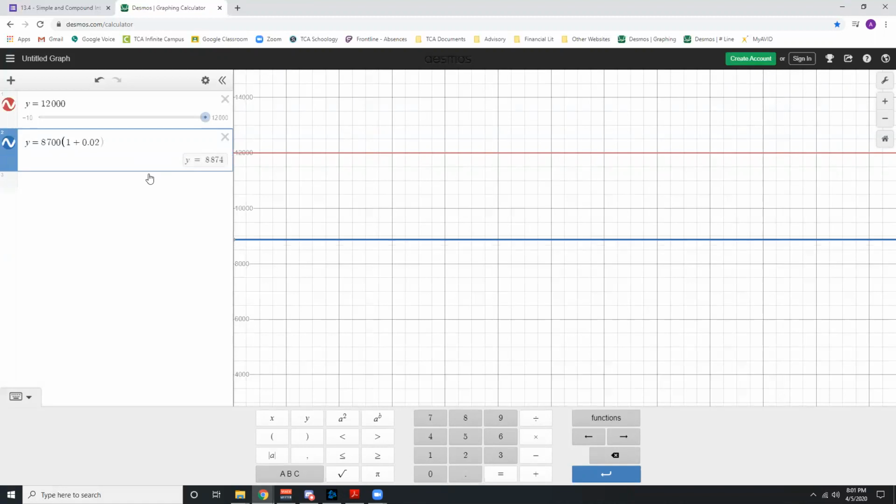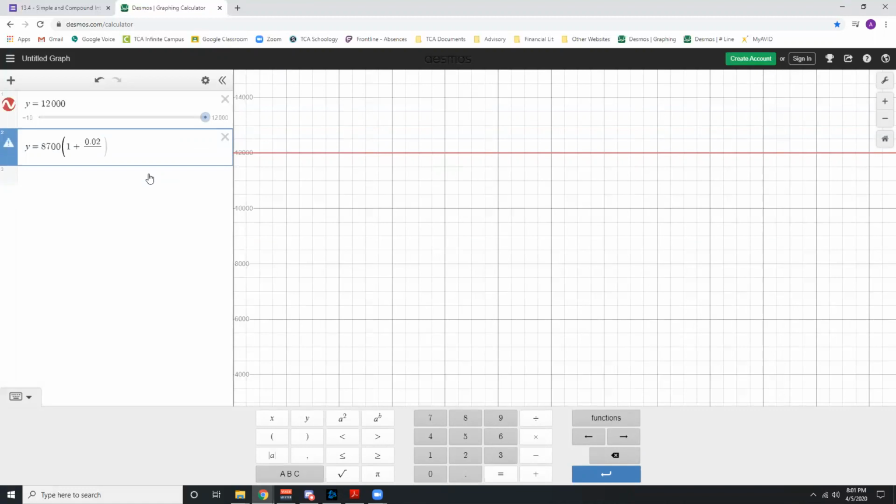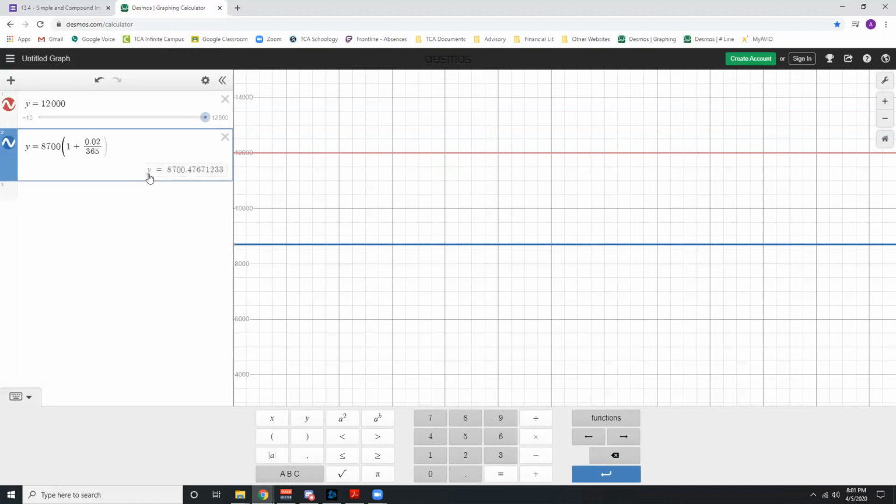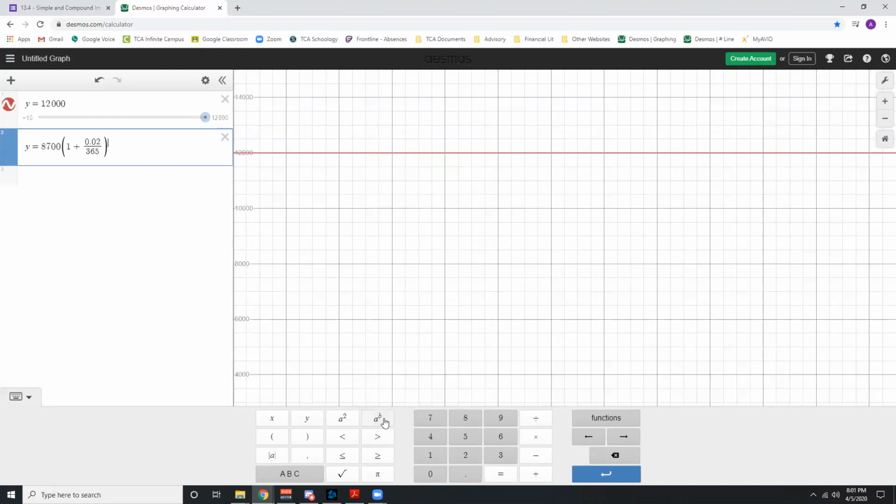Remember, I've got to write that as a decimal over the number of times that I compound per year, which is 365. And this is all to the, click this, nt, so that's 365 again, x.